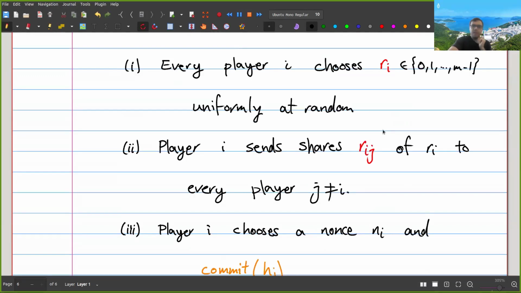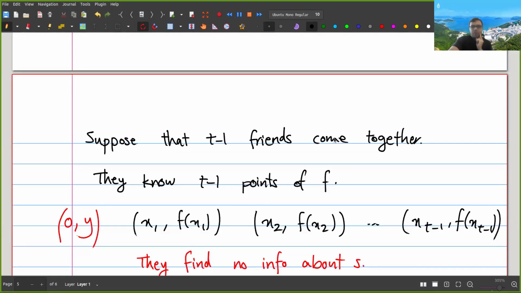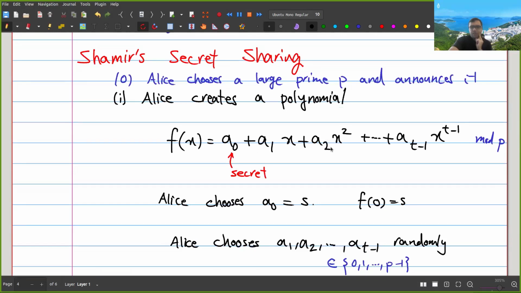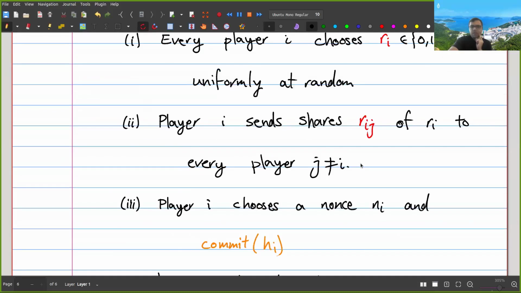Okay. Now, the second way that people can cheat is by sending invalid shares. So let's say instead of actually creating the polynomial that they have to create for the secret sharing and then sending valid shares to all of the other players, they're just sending some random garbage, or they're doing something else. They're doing something dishonest here with the shares that they're sending. But this would be caught, right?